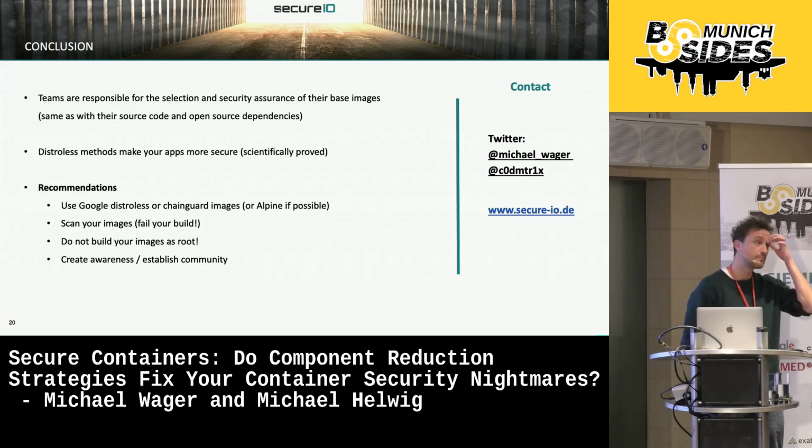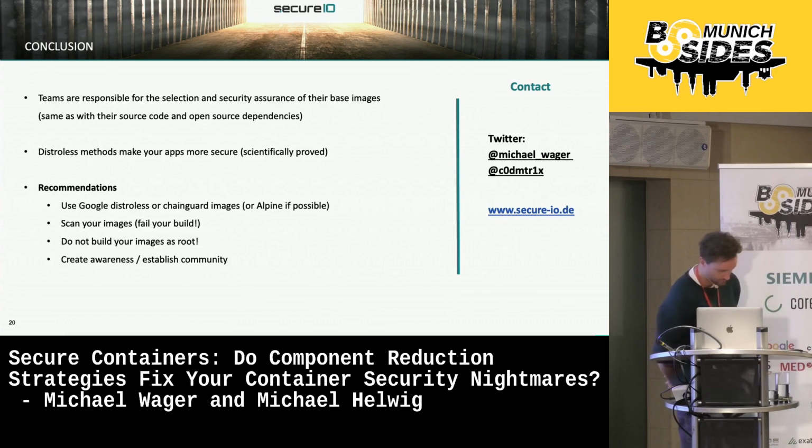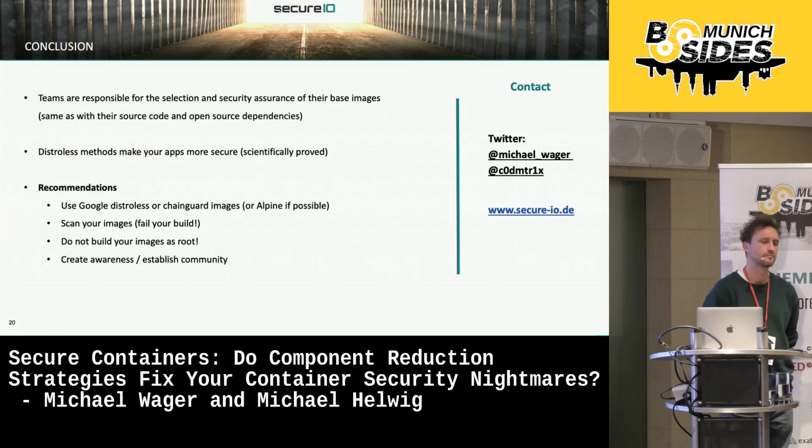And if we propose a solution like distroless, they only see the cost of implementation, but they don't see the hidden cost of vulnerabilities, because unless they are asked by policy to fix the vulnerabilities before they go live, they don't see the cost.